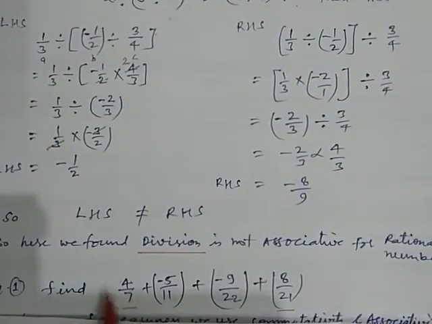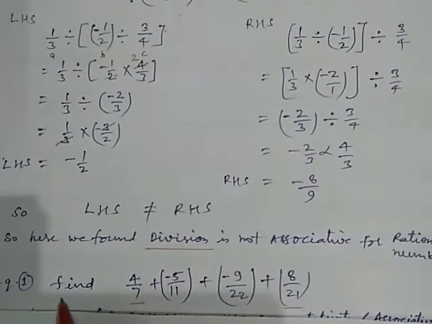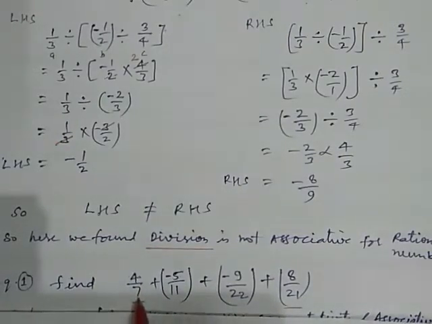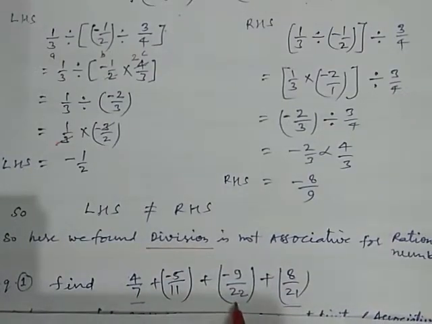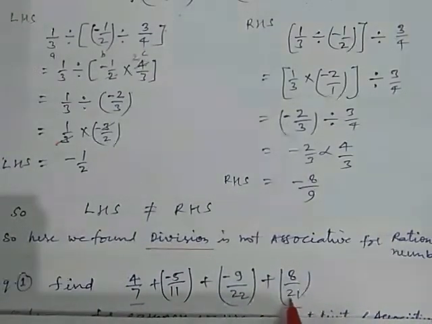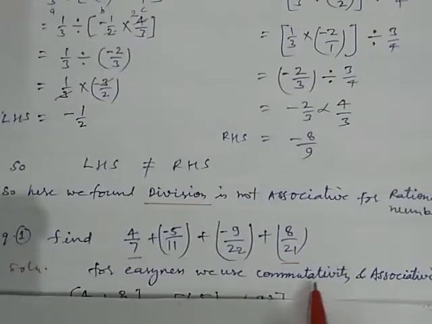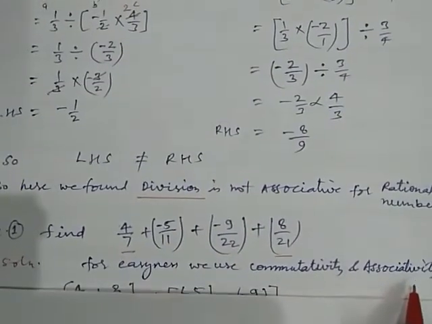Now we take an example and find the value by using different properties. Here the question is 4 by 7 plus minus 5 by 11 plus minus 9 by 22 plus 8 by 21. For easiness we use commutativity and associativity.